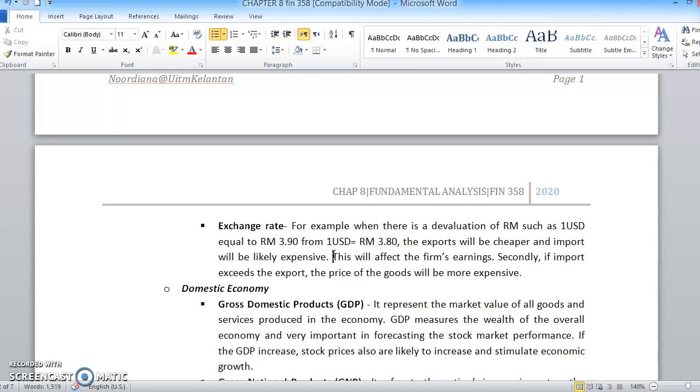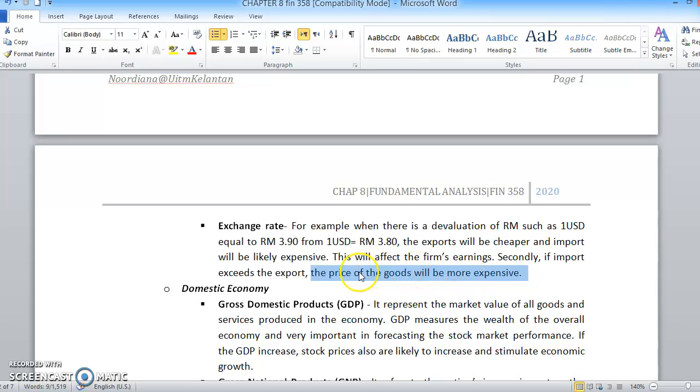This is what happens when the movement of exchange rate plays an important part in our economy. So this will actually affect the firm's earning. Secondly, if import exceeds the export, the price of the goods normally will be more expensive. Dan sekiranya jumlah import melebihi jumlah ekspor, harga barang-barang biasanya akan jadi lebih mahal.